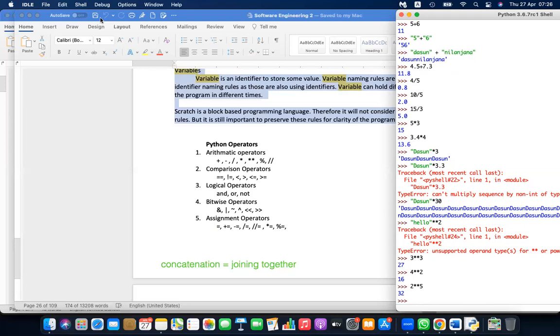With the percent, how do I use it? You can use it with two literals, similar to the way you have used previously: variable, literal, or literal, variable, anything. In the middle, the percentage mark, something like this.